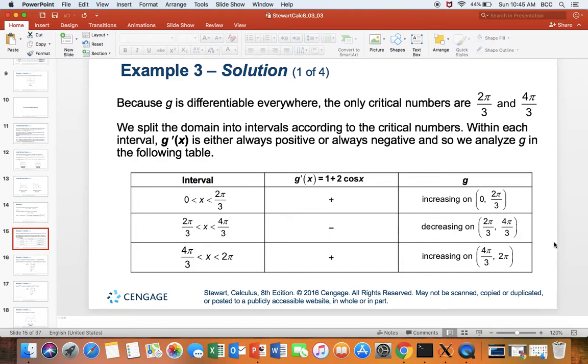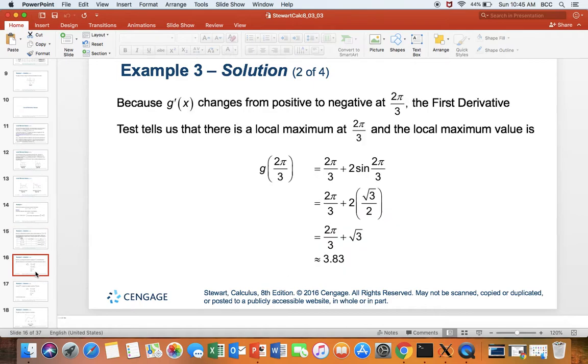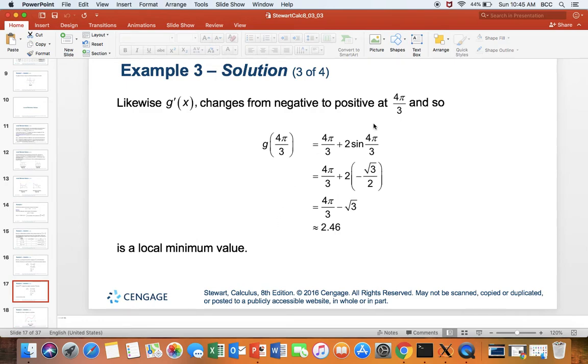So that will give me a local min. So you have a local max at 2 pi over 3. Evaluate at g, that is a local max value, and 4 pi over 3 is going to give you a local minimum value. It is simply calculating, substituting in g.